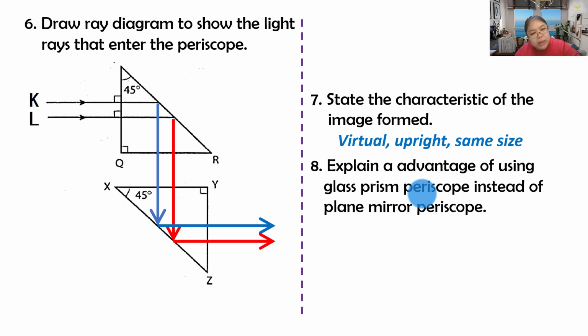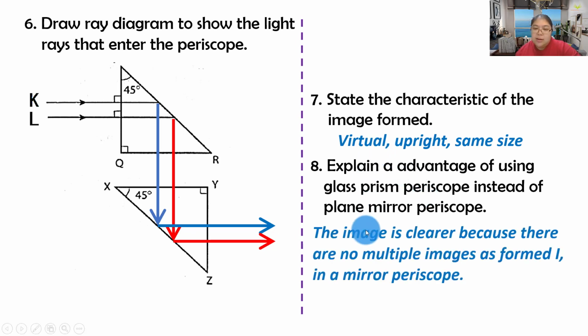When it just goes into the glass, you do not lose the light energy. So from here we just write the image is clearer, because there are no multiple images as found in a mirror periscope. A mirror periscope can produce multiple images, but the prism does not.